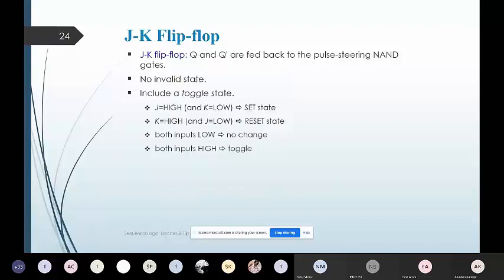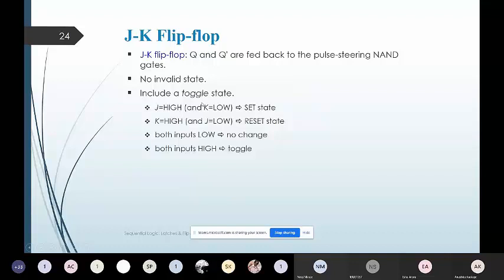In case of the SR flip-flop, when both the inputs are high, that state we have marked as an invalid state. But in case of a JK flip-flop, no invalid state exists. Rather than that, that state will be named the toggle state.